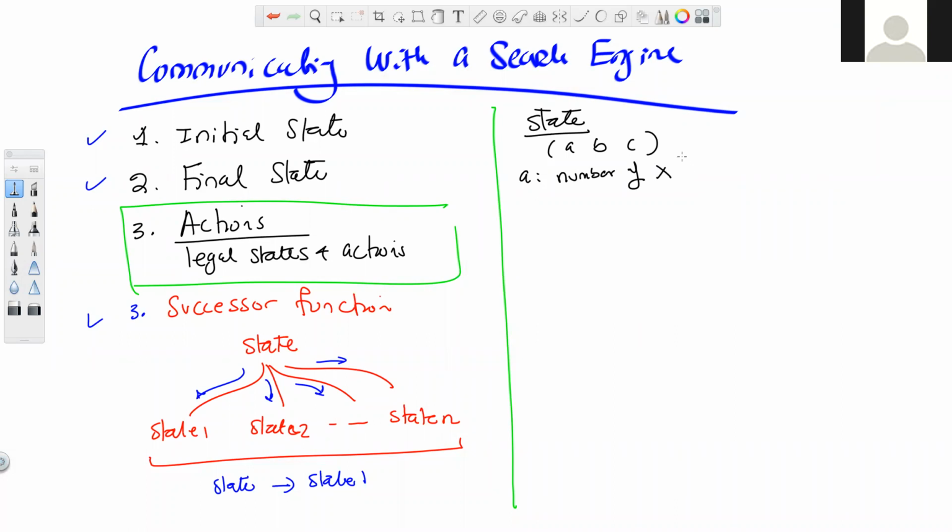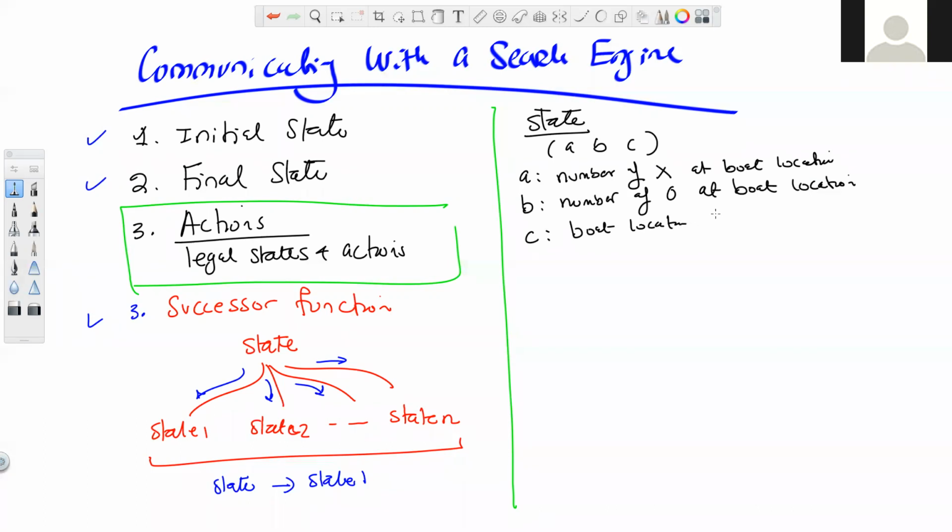So this could be either left or right. So A is the number of X's at boat location, and B here is the number of O's at boat location, and C, so these are numbers, and C is basically boat location.